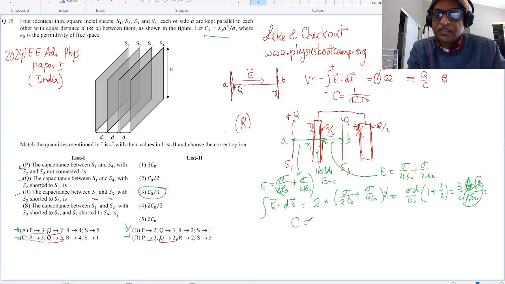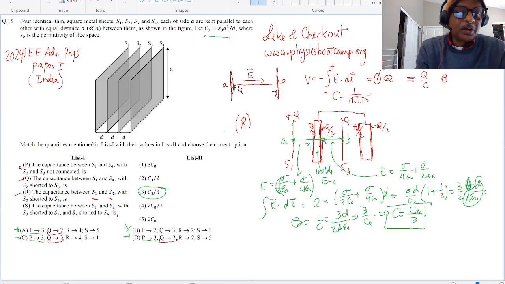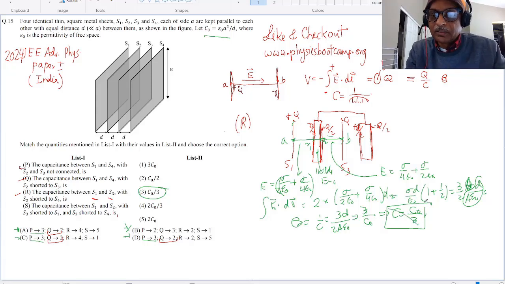So 1 over C is 3d over 2A epsilon naught, which is 3 over 2C0. Oh, that's not correct.